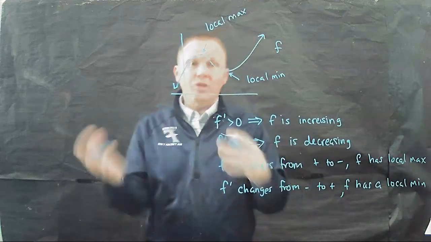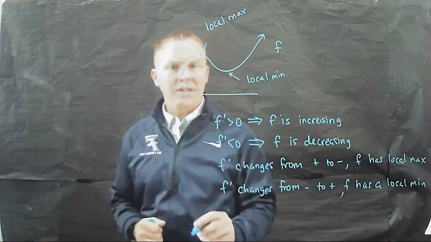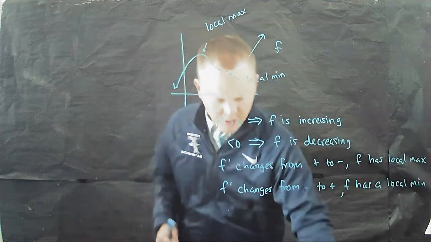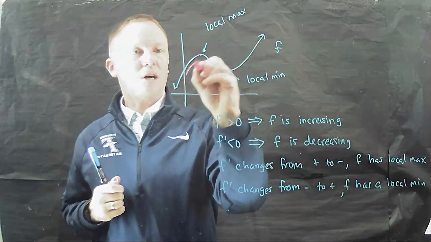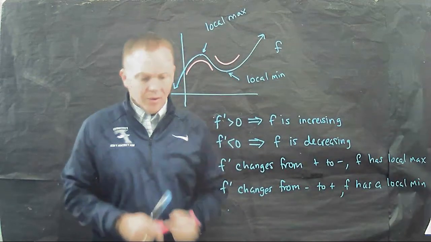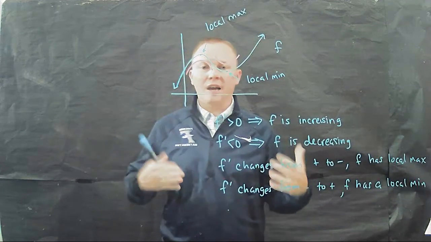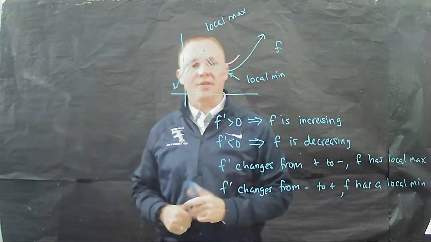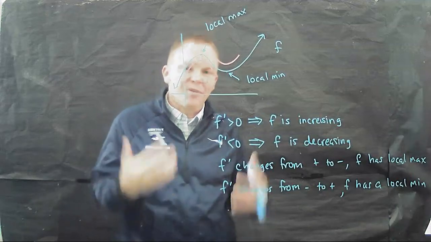And then we could also bring up concavity. You can see here, I hope, this function's concave down here and concave up here. And once we introduce concave up and concave down, the next derivative down the chain comes into play. Because what does it mean to be concave up physically?